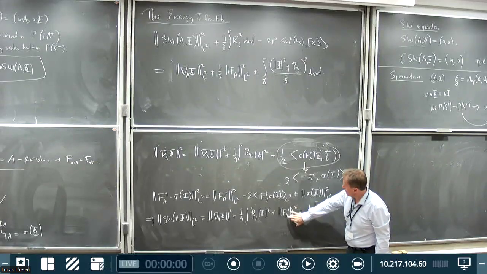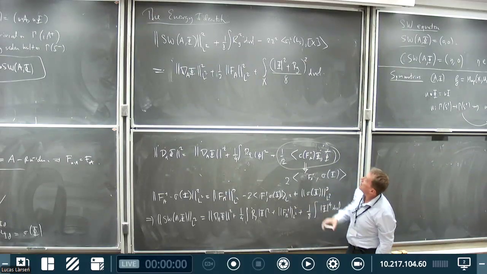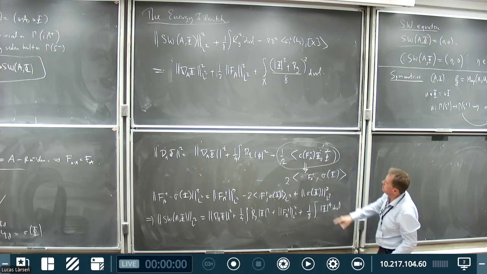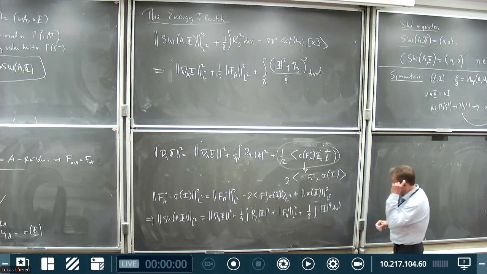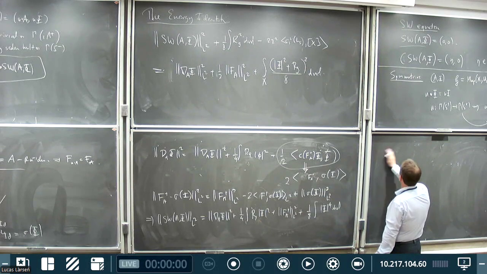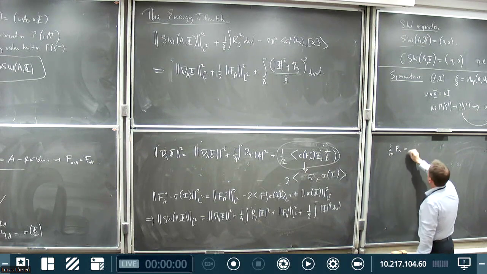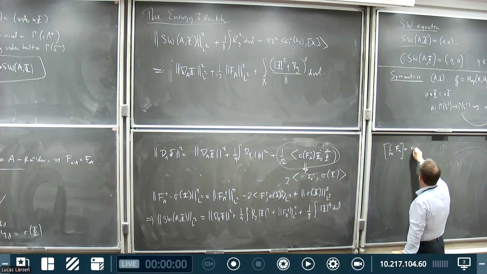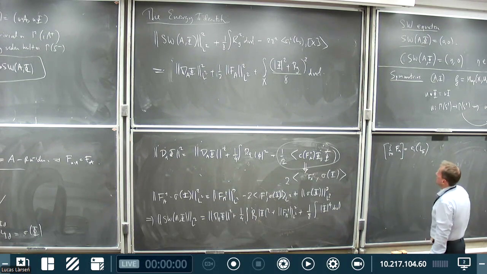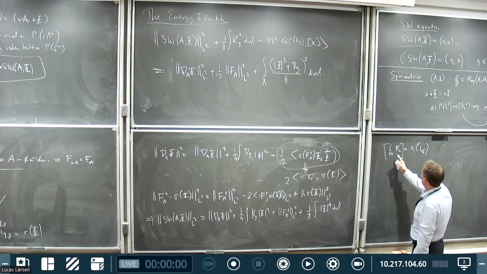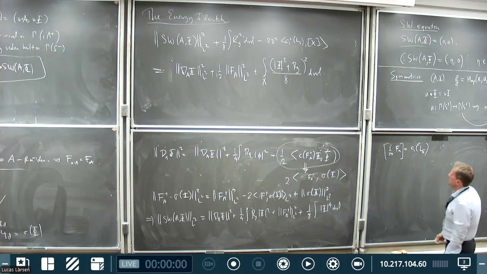where here I have f plus, and there I have f. And there's a half there and there isn't there. What's the explanation for that? Well, the point is that i over 2 pi F_A, its homotopy class is c1 of L_S. It's the curvature of our determinant line bundle.